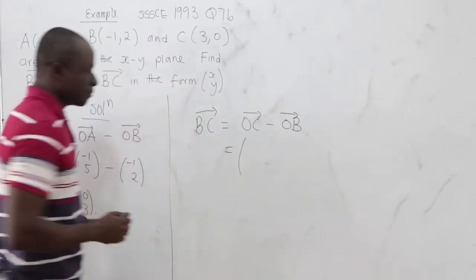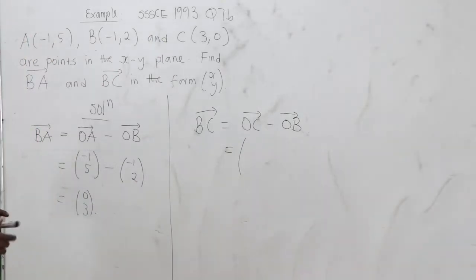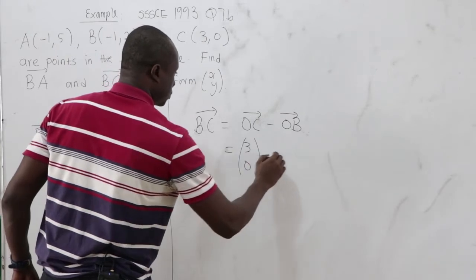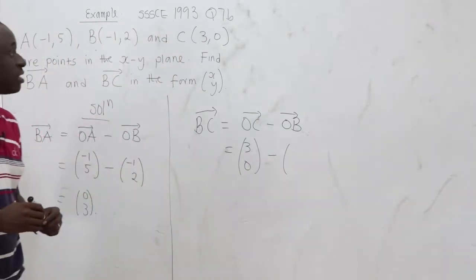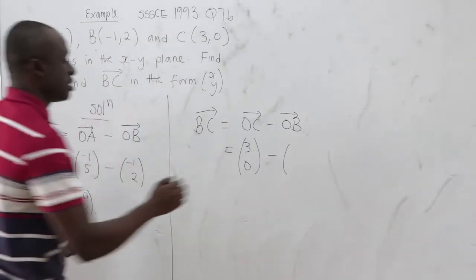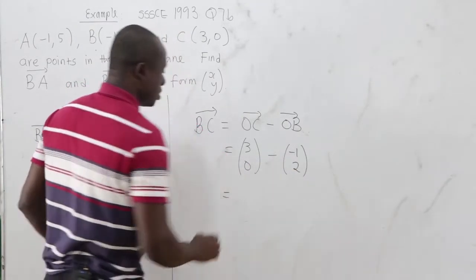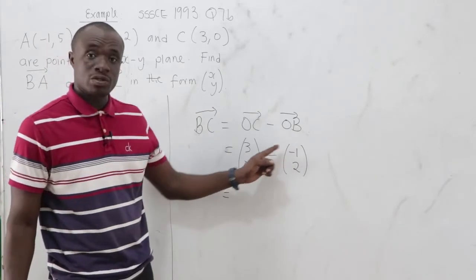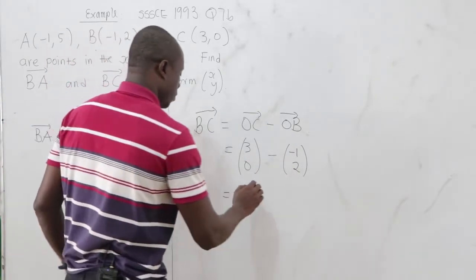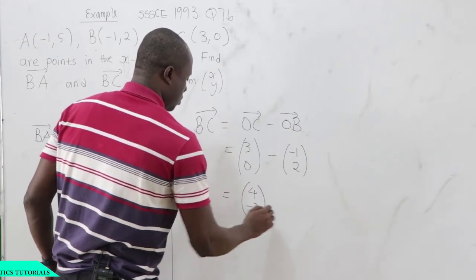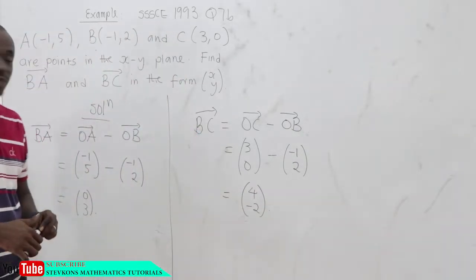Now OC is the same as the point C, which is (3, 0). OB is the same as the point B, which is (-1, 2). So in this case, we have 3 minus -1, so it will be 3 plus 1, which is 4. And then 0 minus 2, that is -2. And this is very, very trivial.